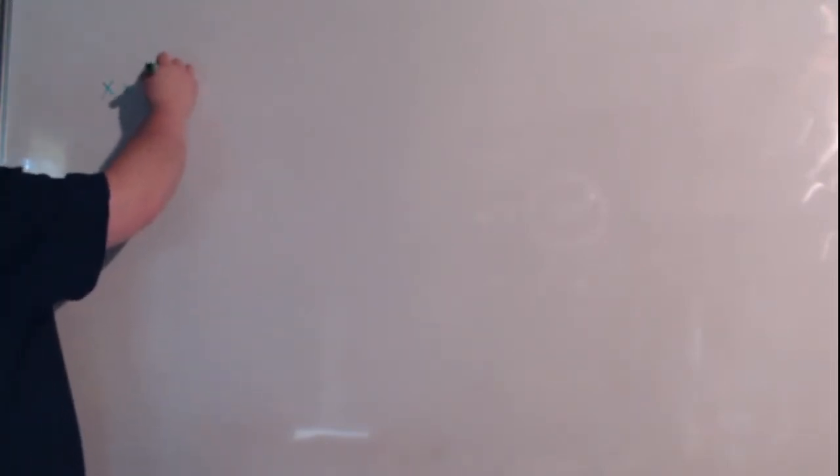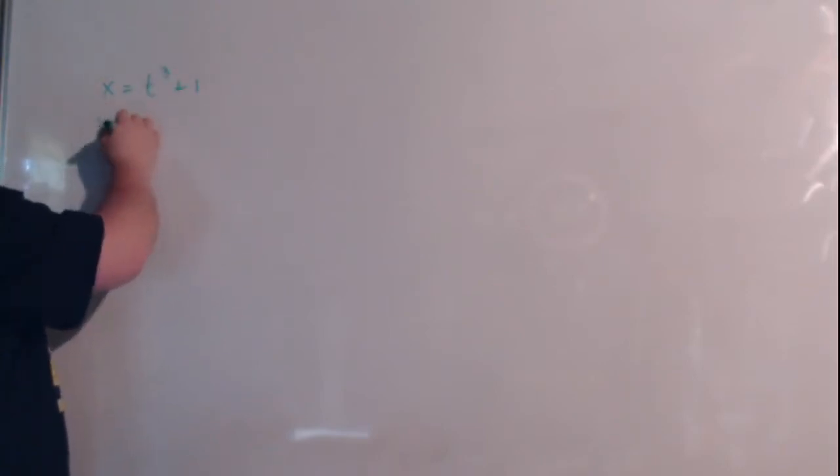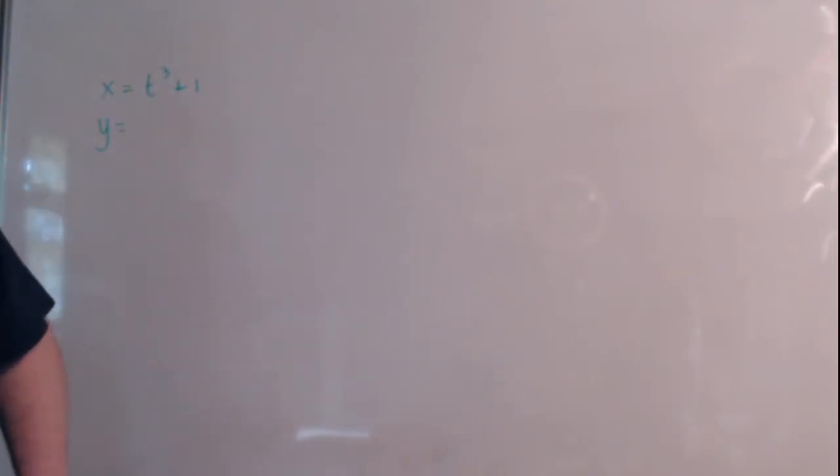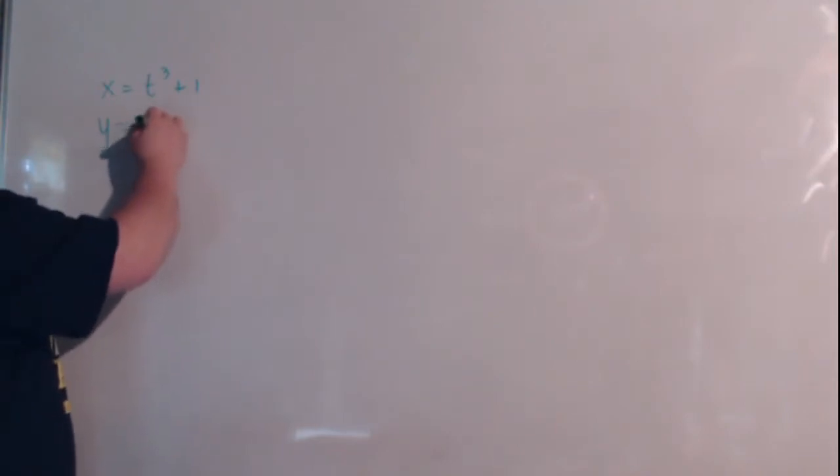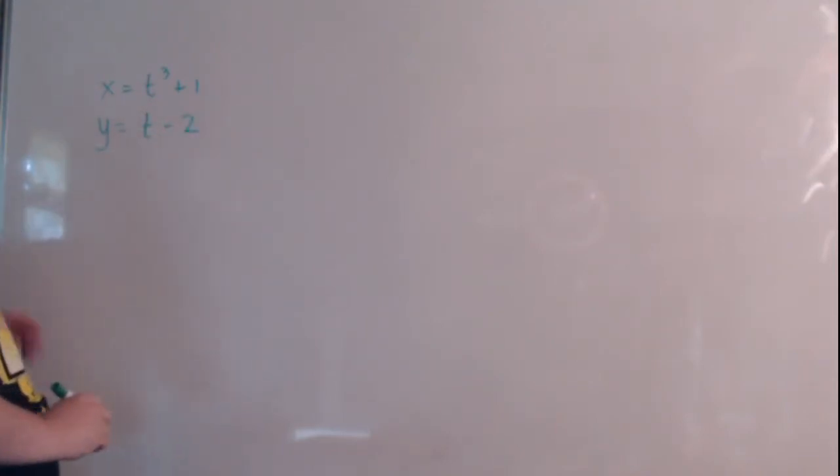So the first example here is x equals t cubed plus 1 and y equals t minus 2.